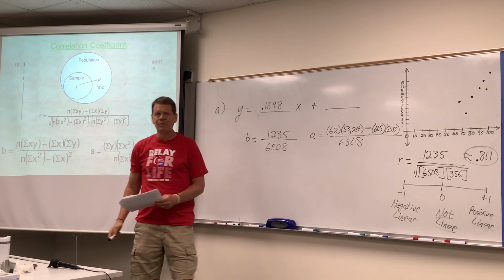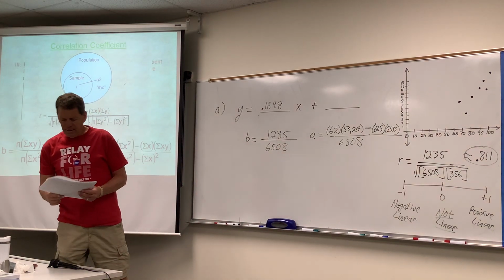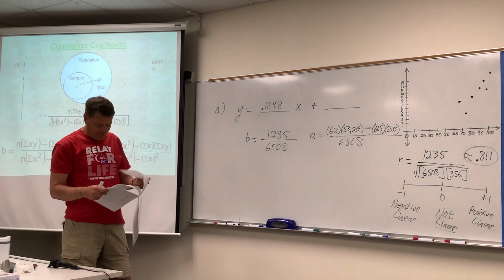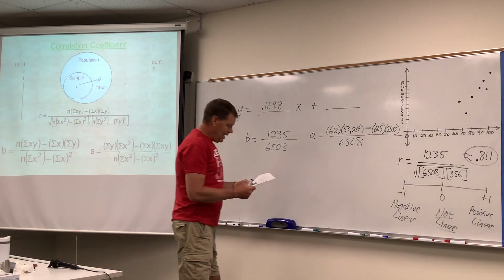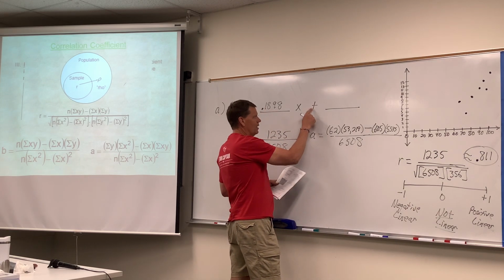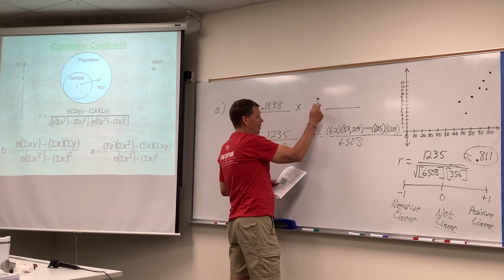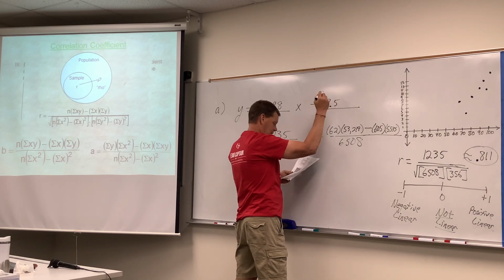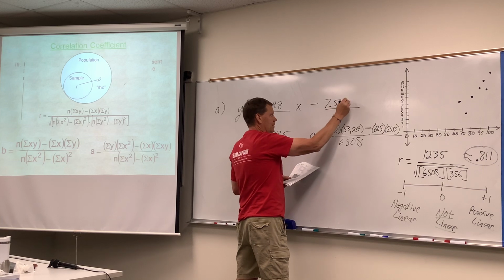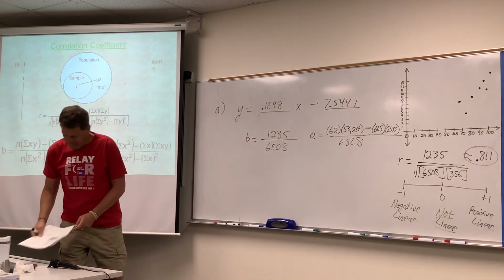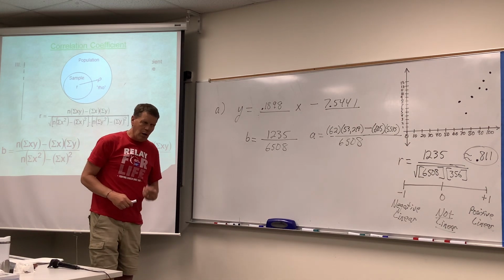Crunch, crunch, crunch. Okay. And so you do the arithmetic on that one, and it comes out to be negative 7.5441. So instead of plus negative, let's just call that minus 7.5441. Boom. Okay. So there's our equation of our regression line.